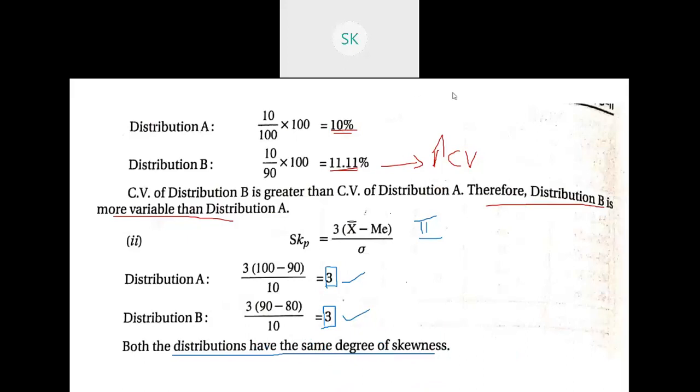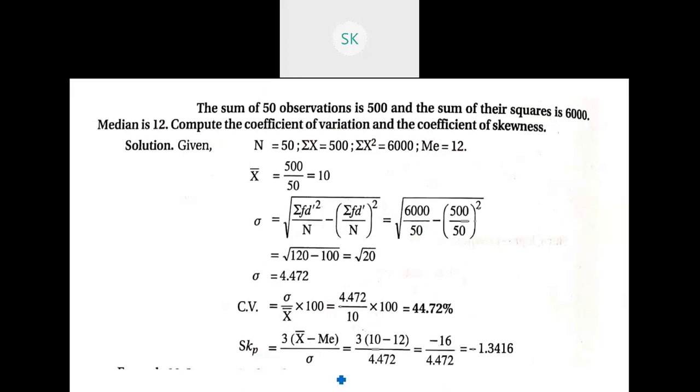Did you all understand the second statement? Any doubt in this problem? Okay, let's go to the next question.